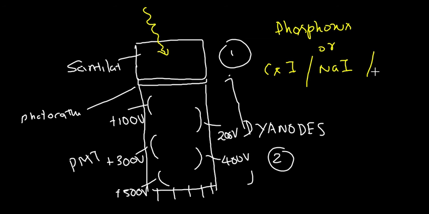These are the most common elements used for the scintillator. So what happens actually inside this scintillator when the incoming radiation comes?